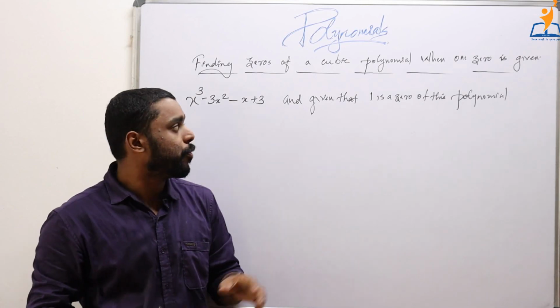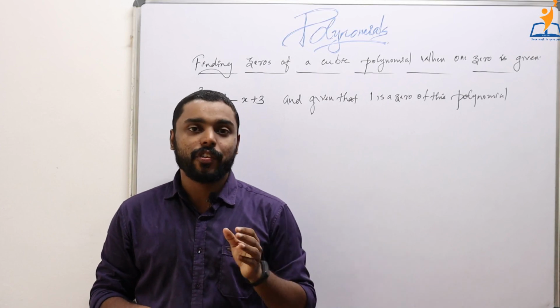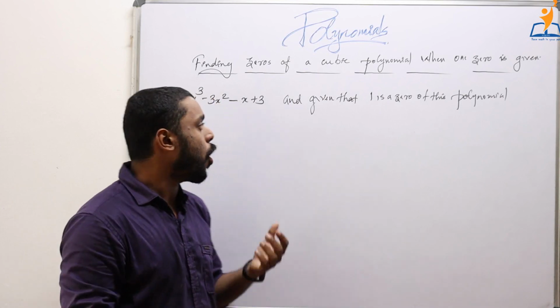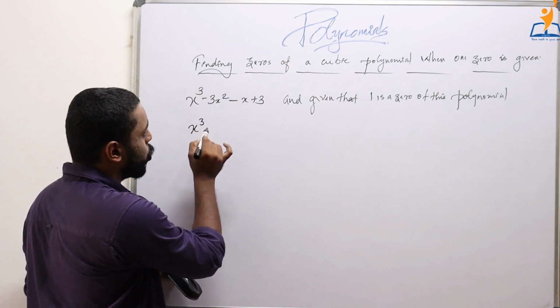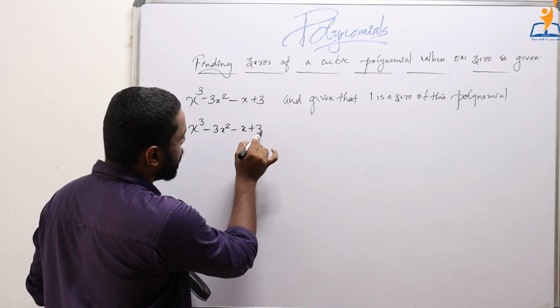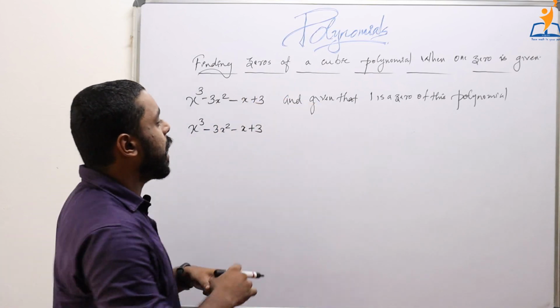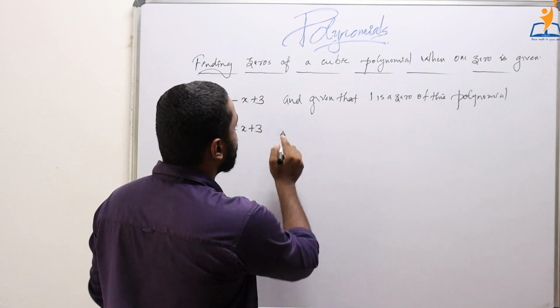Now we are going to find the other 2 zeros of this cubic polynomial, and let us check how we can find them. Since 1 is a zero of this cubic polynomial, x cube minus 3x square minus x plus 3, it is clear that x minus 1 will be a factor of this polynomial.